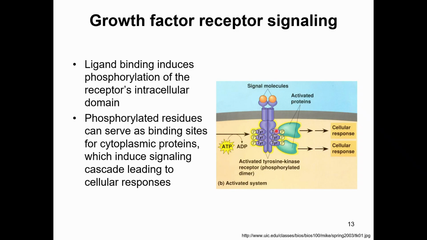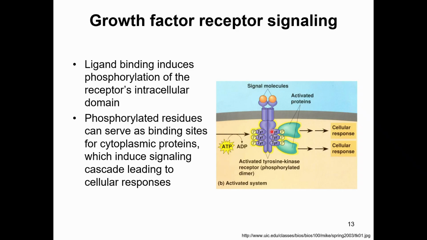It's phosphorylated itself, but these phosphorylated tyrosine amino acids have a very special feature. It creates basically a docking site for other proteins, activator proteins. And these are proteins that have the ability to bind and associate with phosphorylated growth factor receptors, but they will not bind to unphosphorylated growth factor receptors, okay?